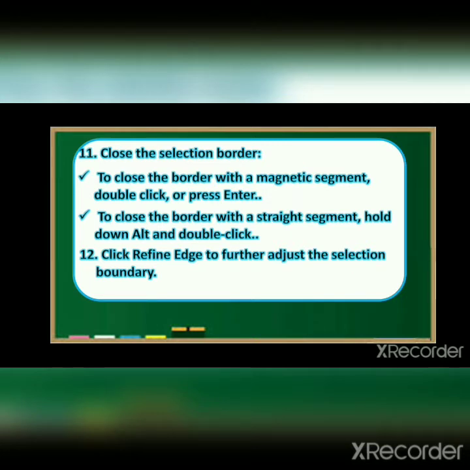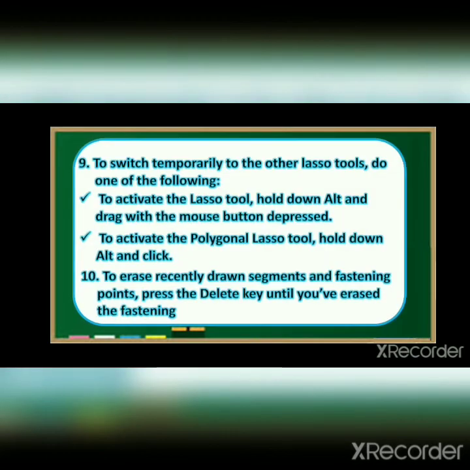The same situation applies to the lasso tool. Another edge of the quick selection, this one is to activate the polygonal lasso tool, hold down Alt and click. Next, to erase recently drawn segments and anchor points, press the Delete key until you erase the anchors.